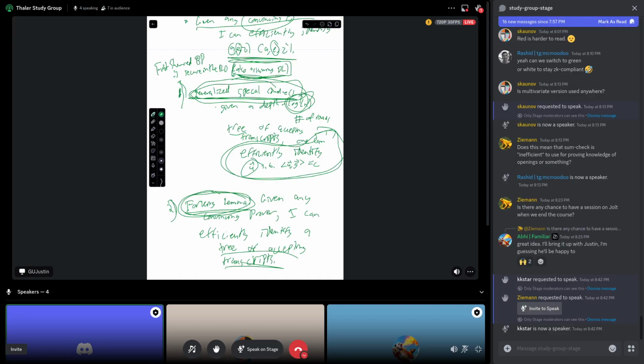Anyway, there's a paper that showed this. It's by Attema and others, and there might have been an independent paper by a different author that also implied this, the details of which are escaping me right now. And I think this Attema et al. paper showed that any generalized special sound protocol is also Fiat-Shamir secure.